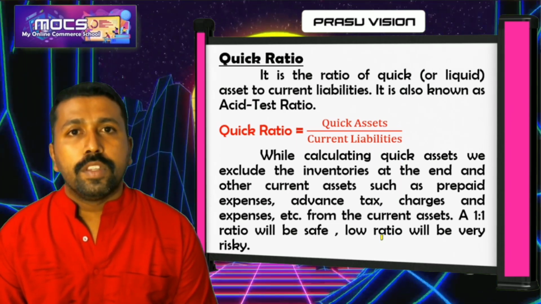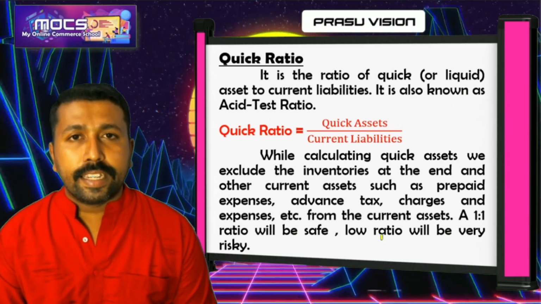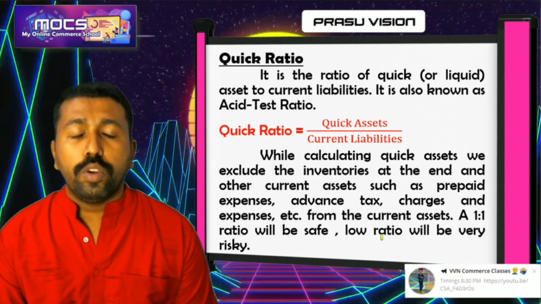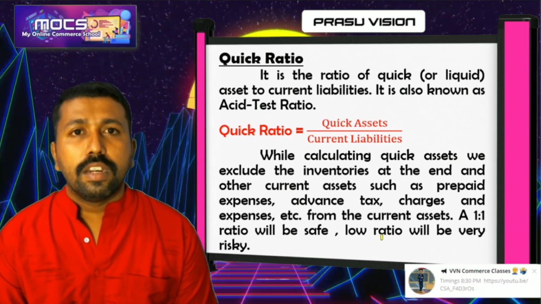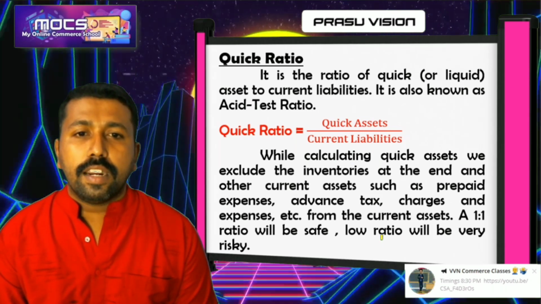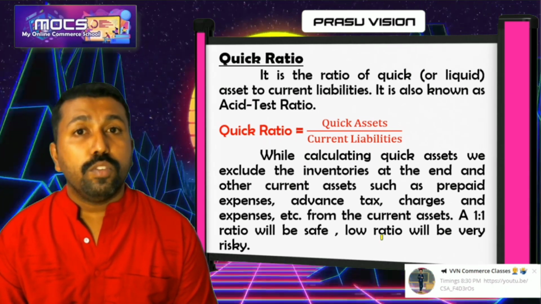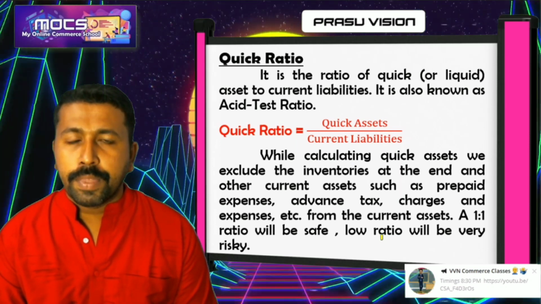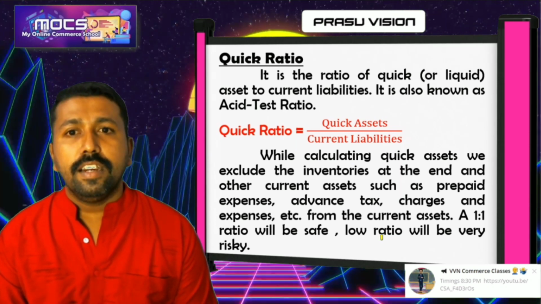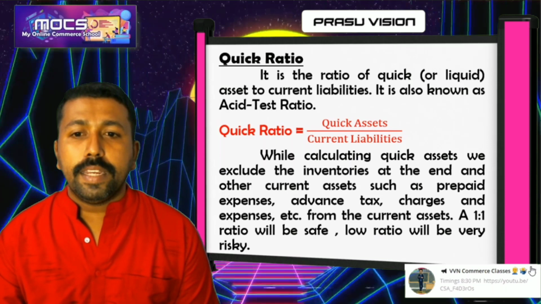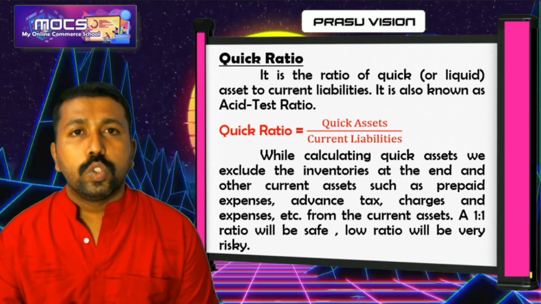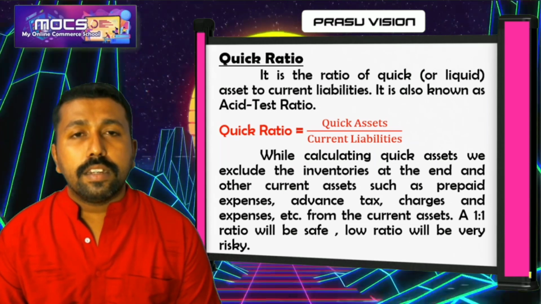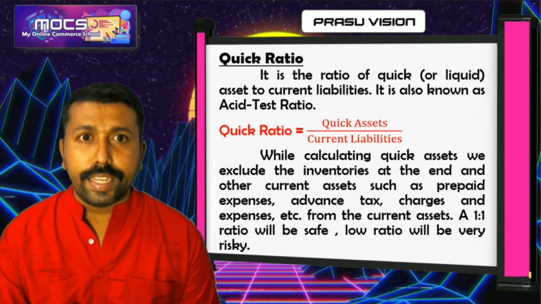How can we calculate the value of quick asset? At that time, we will deduct some items. If they are available in the question, from current asset we will deduct items like advance taxes, prepaid expenses, and inventory. That means current ratio shows the ability of the firm to pay the current liability within 1 year.